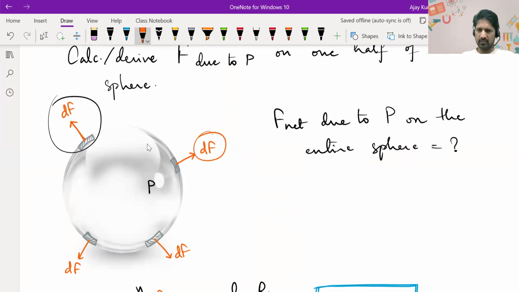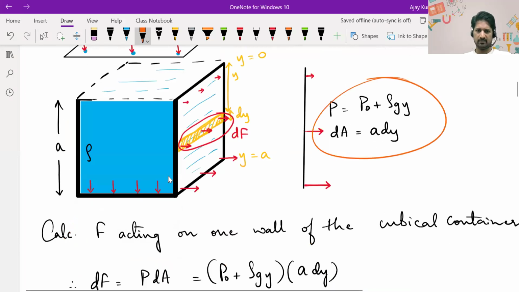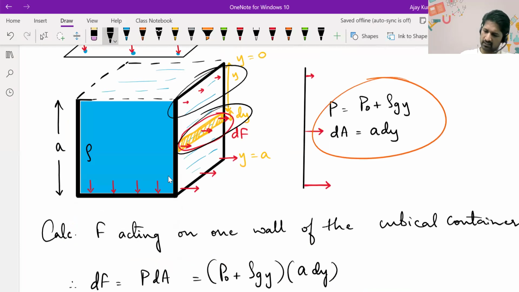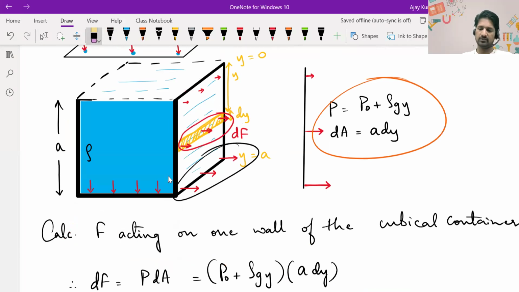Every small patch of area, you have to imagine small forces. The resultant of all those forces is the total force acting on that area. If the area is flat, all those elemental forces will be in the same direction. It's very easy to calculate the net force due to pressure. Just pressure multiplied with area, or if pressure is non-uniform, integral PdA will give you the answer.